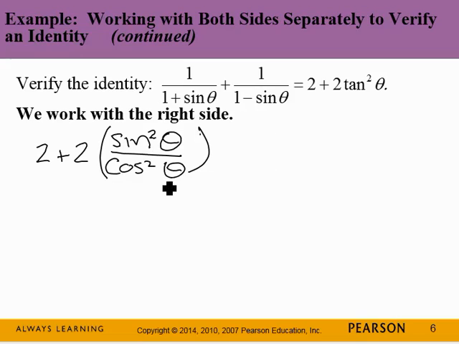So now we need a common denominator as well.